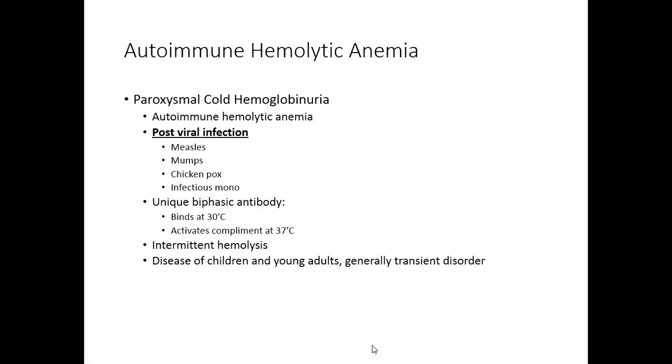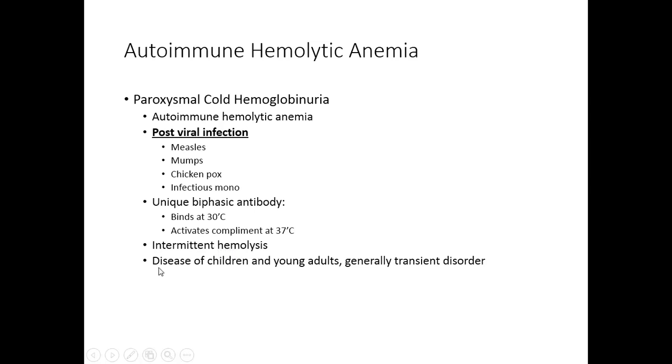And as I said, we'll spend 1 second on paroxysmal cold hemoglobinuria, which is an autoimmune hemolytic anemia of type 2 hypersensitivity type. It's post-viral: measles, mumps, chickenpox, infectious mono. I told you how it was biphasic. It causes intermittent hemolysis because it's biphasic. It's only activated at 37. So when it goes back out to the extremities, or you're no longer warm or cold, the hemolysis comes and goes.